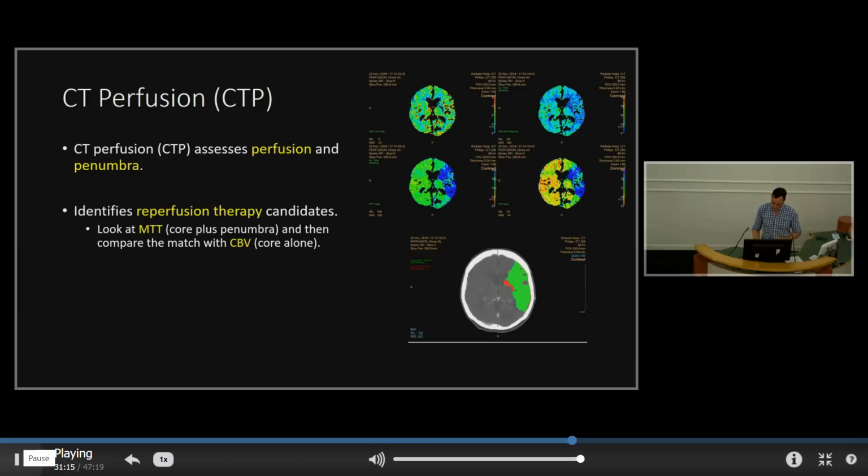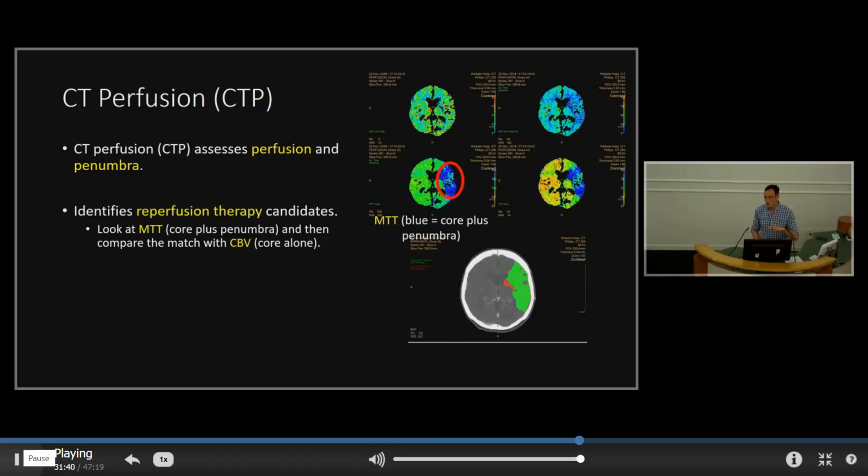Yeah, that's it. So, for example, don't worry about the two maps on the right. Sometimes we'll look at those, but generally we don't need to. So the MTT is the bottom left one here, and you see this blue region, which is corresponding to the left MCA territory. Probably there's an M1 clot there, or maybe an ICA clot. And clearly there's a reduced mean transit time.